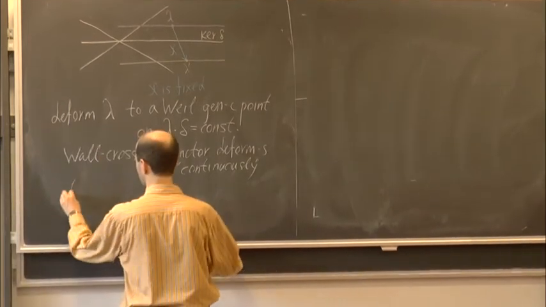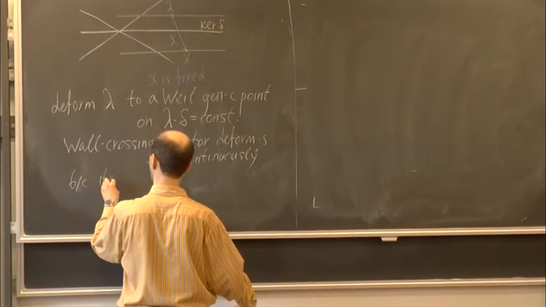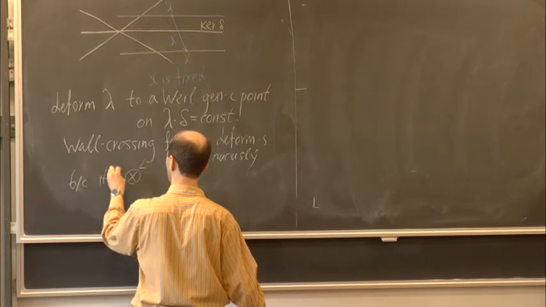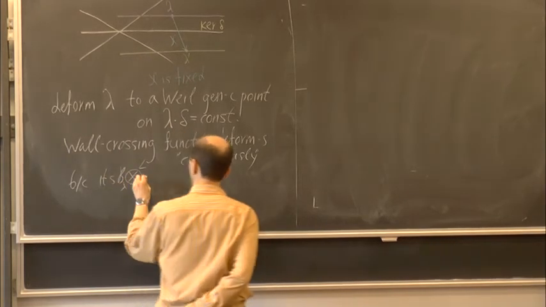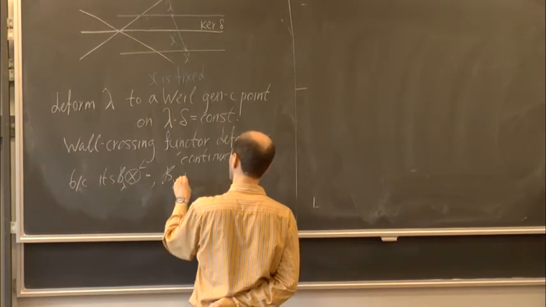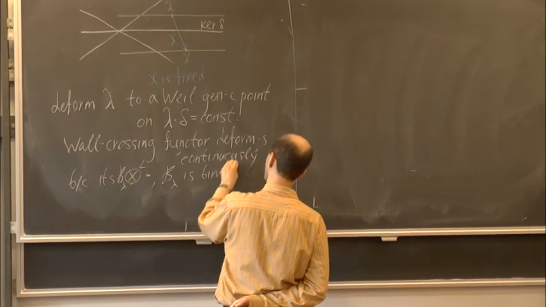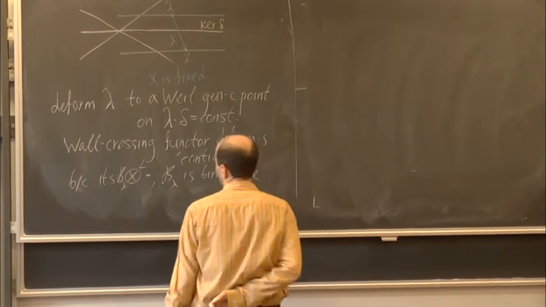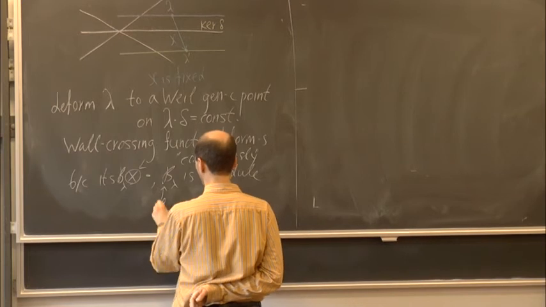Because it's a derived tensor product with a bimodule, so B lambda is a bimodule, and these bimodules form a flat family.